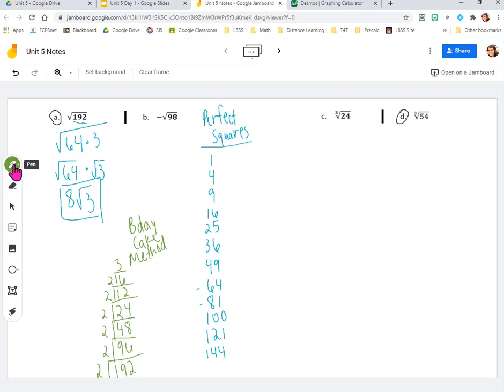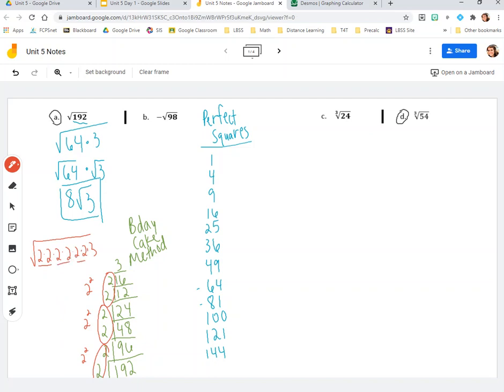To figure out our answer for the birthday cake method, we're looking at pairs of numbers. I see a pair of 2s, another pair of 2s, and another pair of 2s. What that represents is 2 squared three different times. So if I simplify under my radical, I could have 2 times 2 all of these times, and then times 3 at the top.